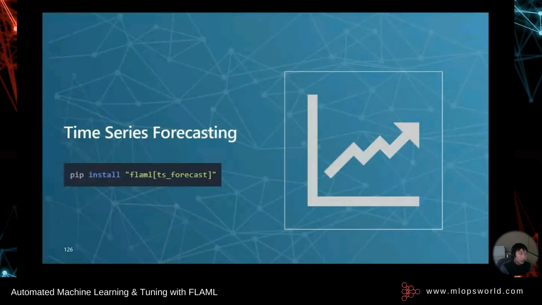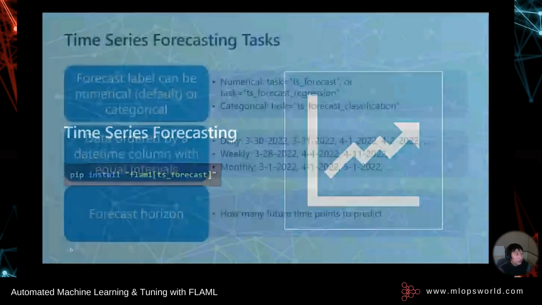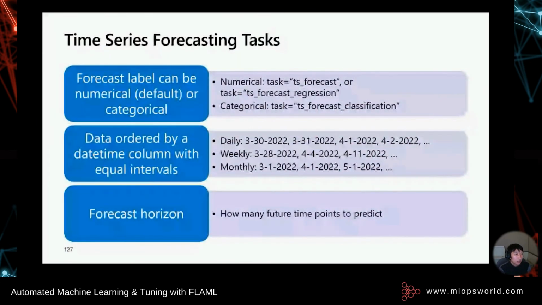So now I will switch gears and introduce time series forecasting in the next 10 minutes. The time series forecasting tasks are special classification or regression tasks. The forecast label can be either numerical or categorical, corresponding to regression or classification. Numerical labels are most common for time series forecasting, such as sales and price.